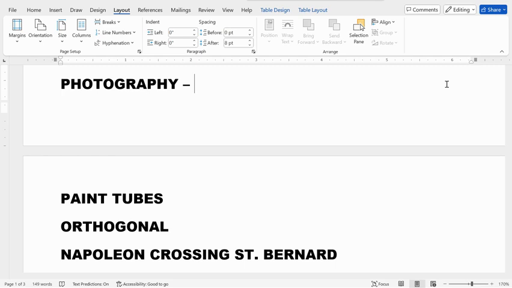Some of the ways that artists mimicked photography in their paintings. I think it's candid. Candid, yes. Right, not posed. The lighting too.